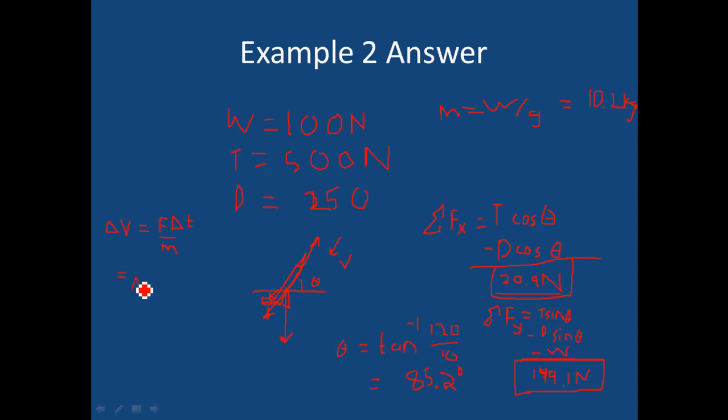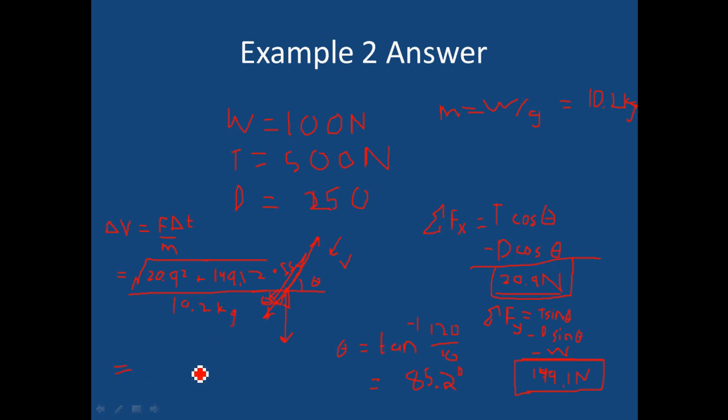So this equals the square root of 20.9 squared plus 149.1 squared, times 5 seconds. This is getting messy. And divided by 10.2 kilograms.